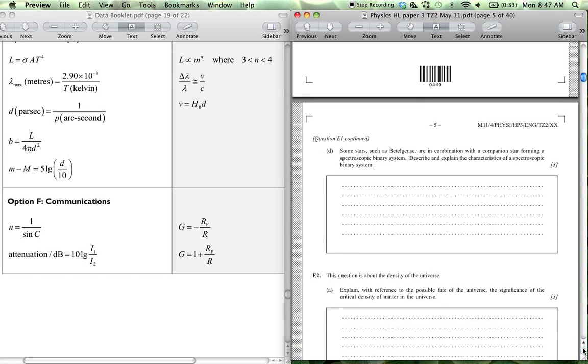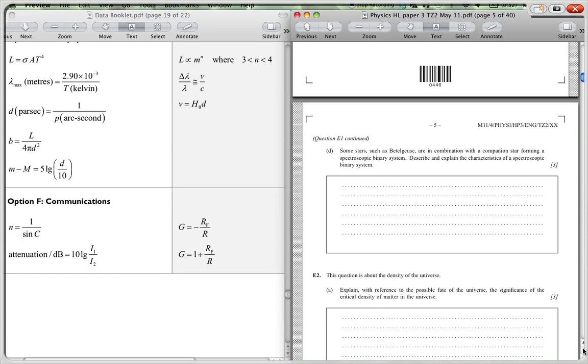Then it says some stars, such as Betelgeuse, are in combination with a companion star forming a spectroscopic binary system. Describe and explain the characteristics of a spectroscopic binary system. So what actually happens here is that in a binary system, you've got two stars. If we look from a top view, you may have Betelgeuse over there and another star X over there, revolving around each other.